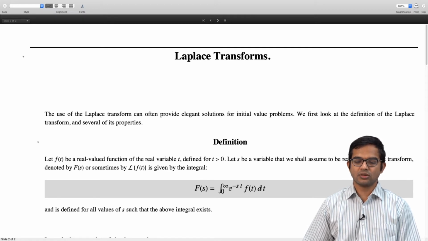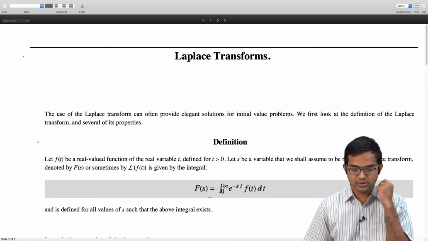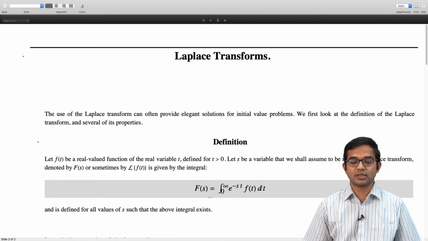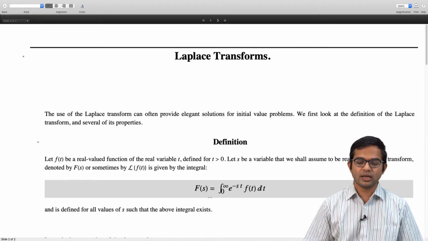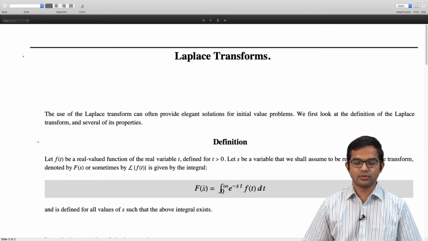So in some sense you're taking all the information contained in f of t and representing it in a different way. That's represented in terms of this function F of s, which goes by the name of a Laplace transform, right?